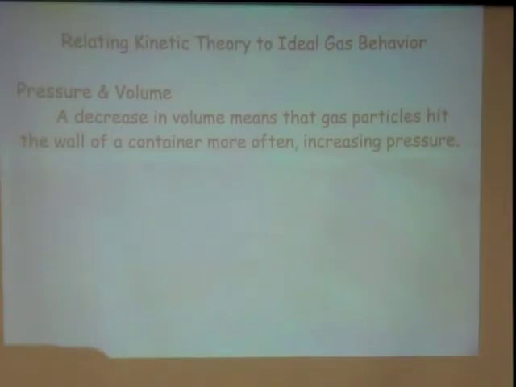So whenever we're talking about changes in pressure, increasing or decreasing, you guys, we need to talk about that in terms of the number of collisions of those gas particles with the container that they're in. The more collisions, the greater the pressure. The fewer the collisions, the lesser the pressure.